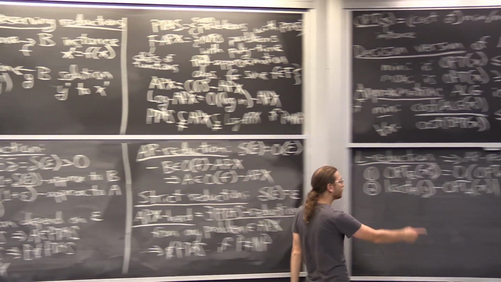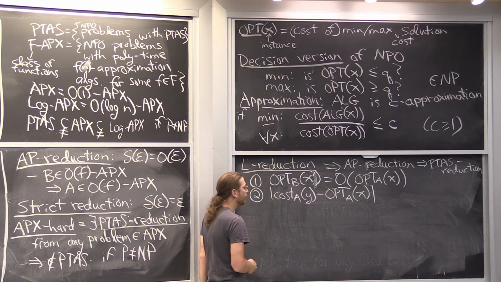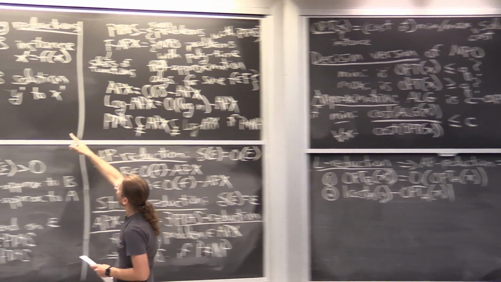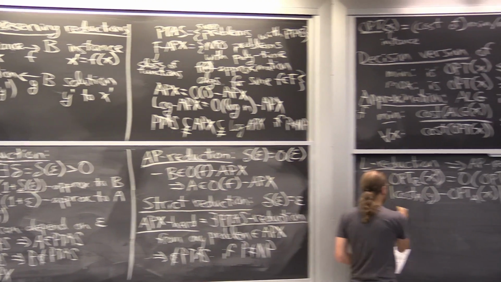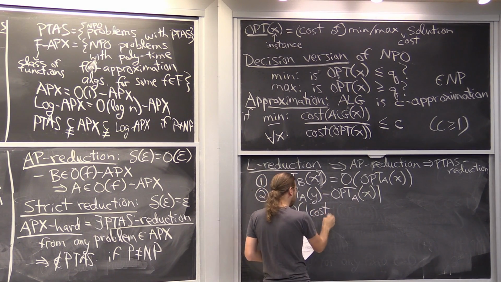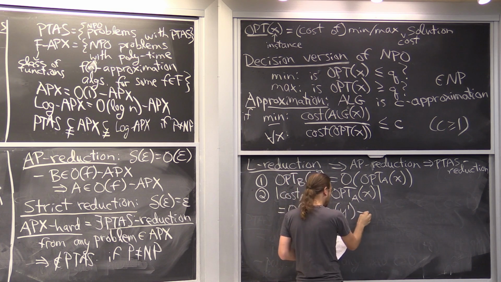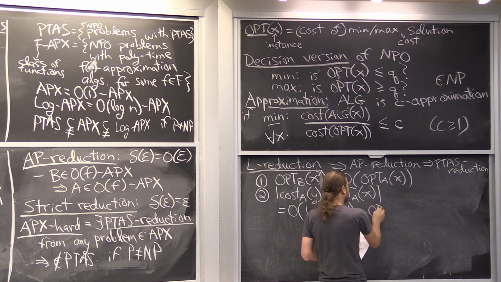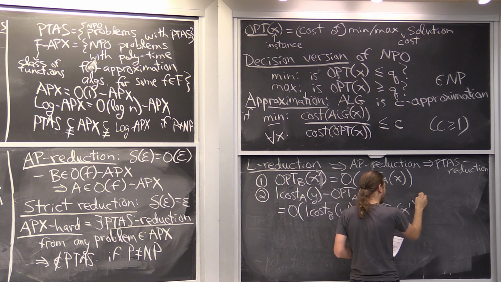We compare it to the optimal solution to our original instance, because it is a solution to that instance. That should not be much bigger than the error on the right side. Again, absolute error. So we want this to be big O of cost in B's problem of y prime minus opt sub B of x prime.